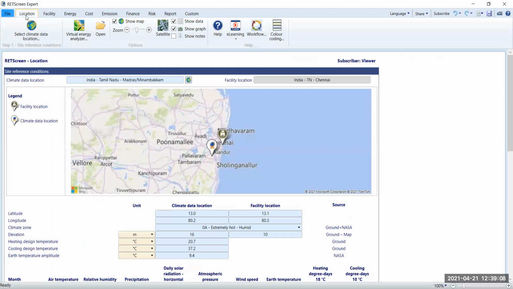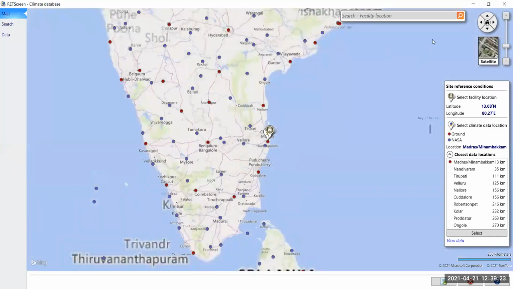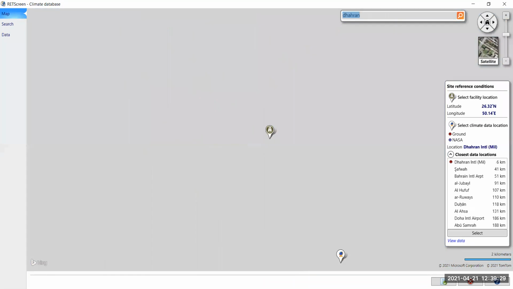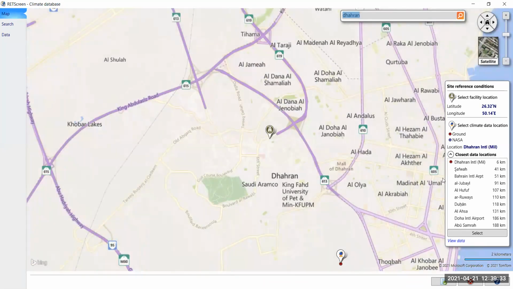Then I'm going to go to the location. You see this icon here for the map. I will click on it, and then I'm going to go here for the search. In the search, I'm going to look for the city that I'm interested in, Dhahran, for example. It will give me the map of Dhahran.